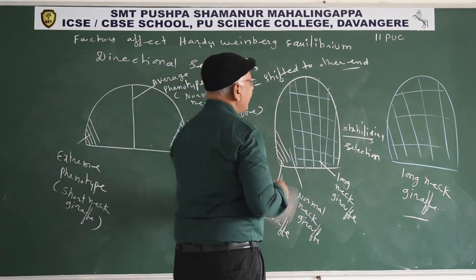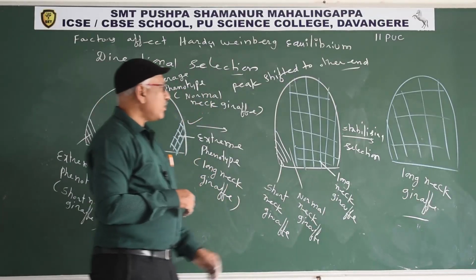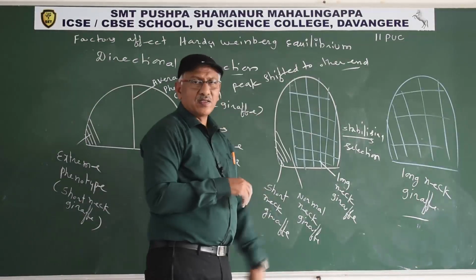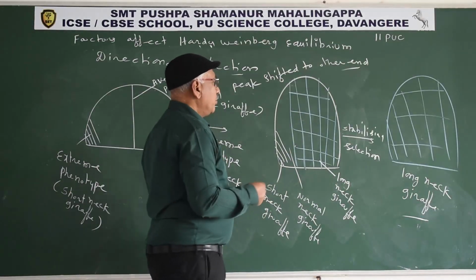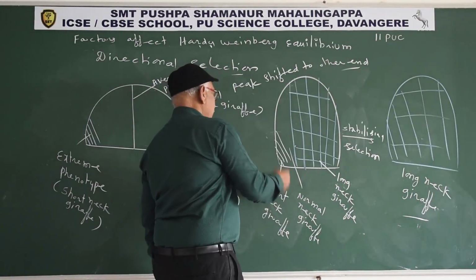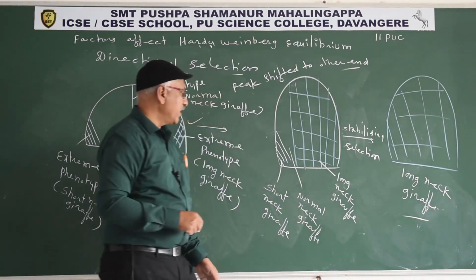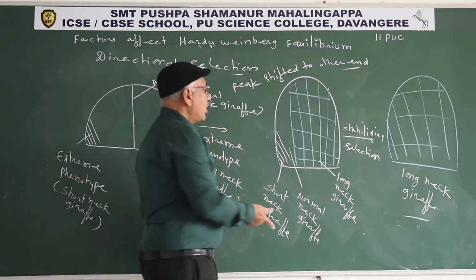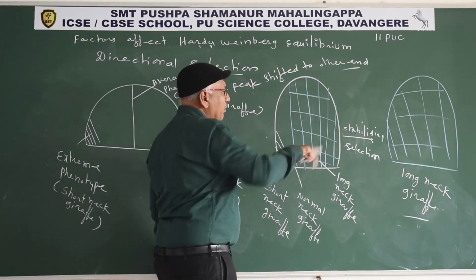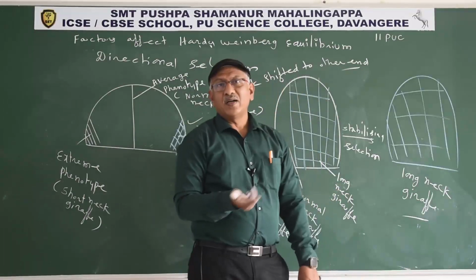Once the neck size is sufficient to reach the greater foliage, instead of directional selection, stabilizing selection is operating. You already know, due to operation of stabilizing selection, extreme phenotypes are eliminated. In this population, the extreme phenotypes are short neck and normal neck giraffes. So short neck and normal neck giraffes are completely eliminated. Now in that population, only long neck giraffes remain.